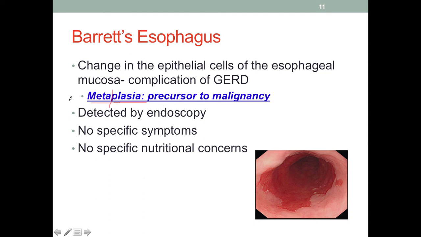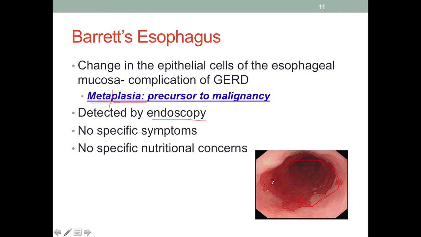The change in cell type is confirmed by an endoscopy, where we may have to take a biopsy to determine that it is indeed a different type of cell. Although we may be able to visually see in the gross anatomy that the color of the Barrett's esophagus is different than the mid or upper section of the esophagus. And that's what we see in this figure here.